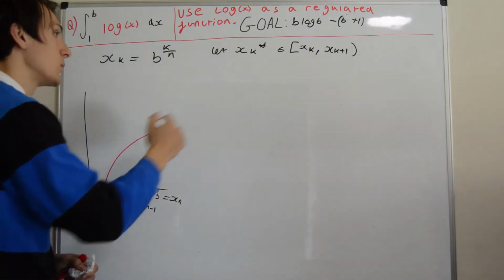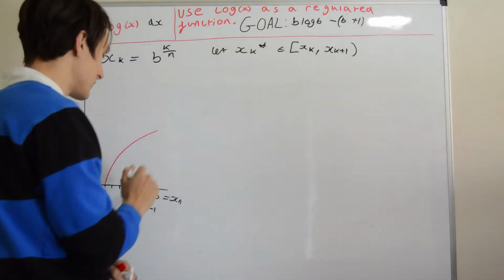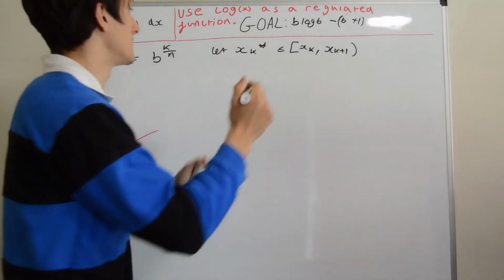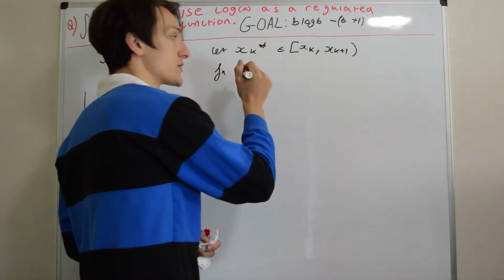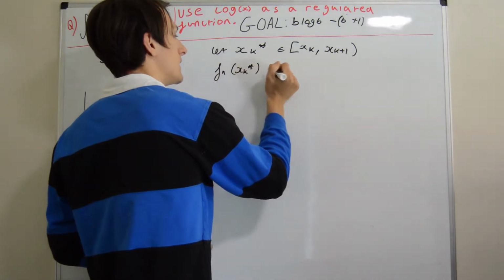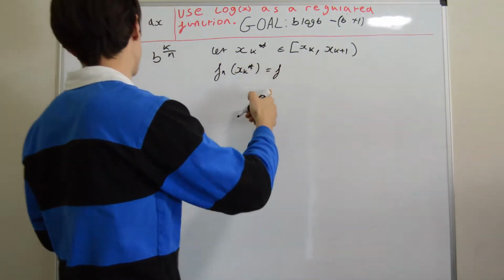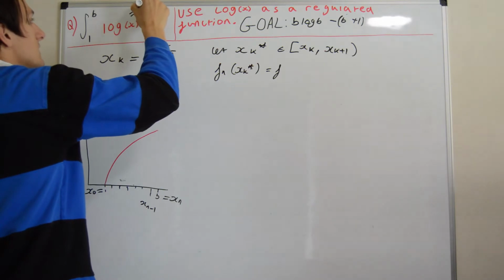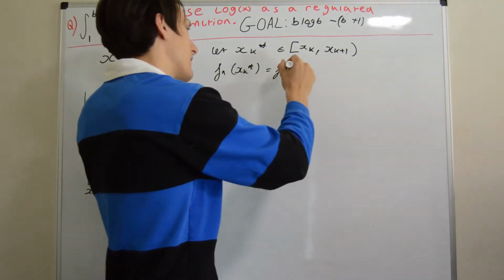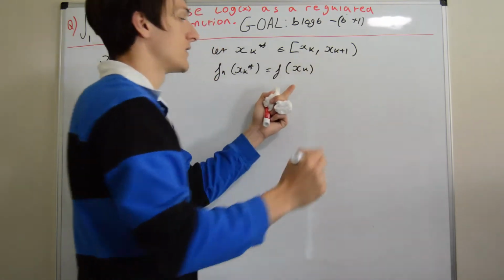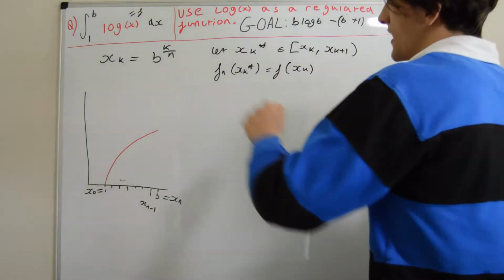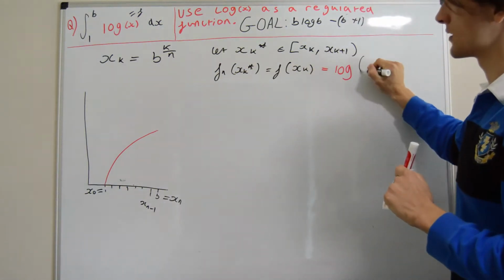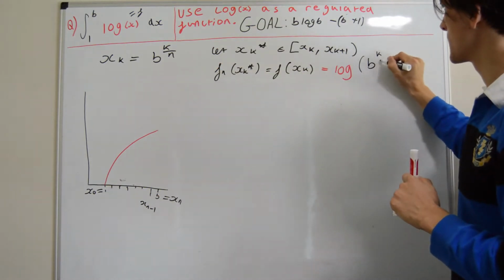Any point within here sits within one of these intervals. Then let f_n, our step function, of x_k star equal f, which remember was log x, of x_k. Let's rewrite that: f is log x, so we have log of b to the k over n.